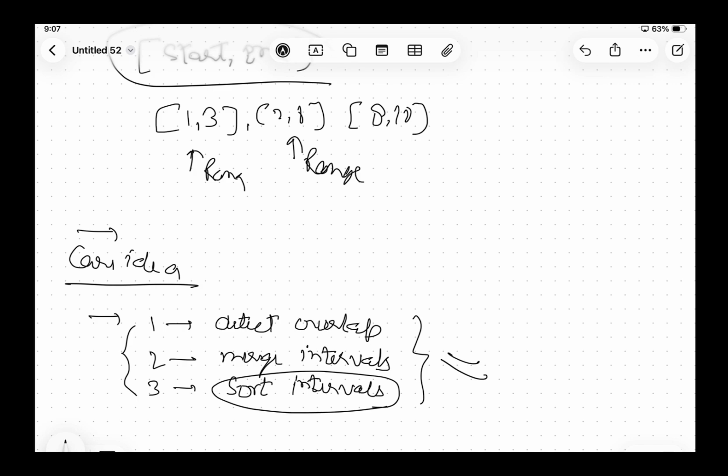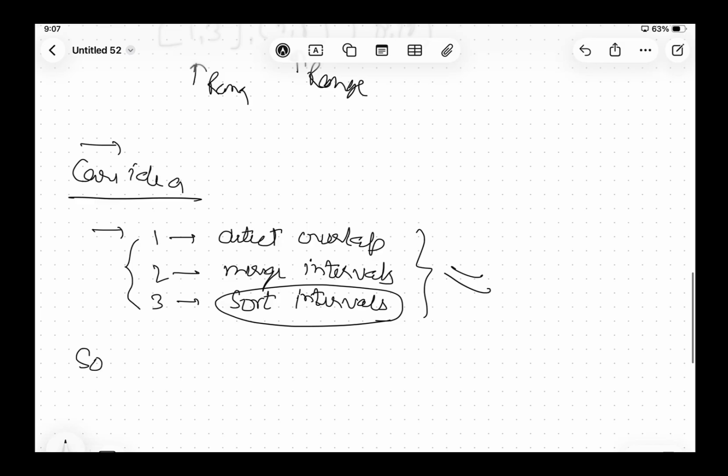Remember, again I'm reiterating this: always sort the intervals based on the start time. Once you sort, you don't need to check all the intervals, only the previous one. You are not going to compare the current interval with all the intervals, only with the last processed interval.